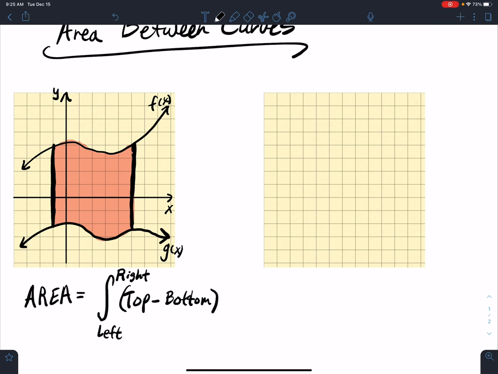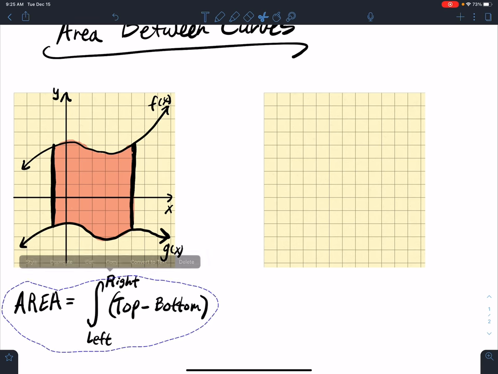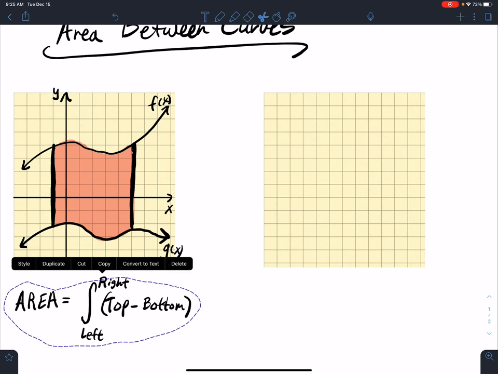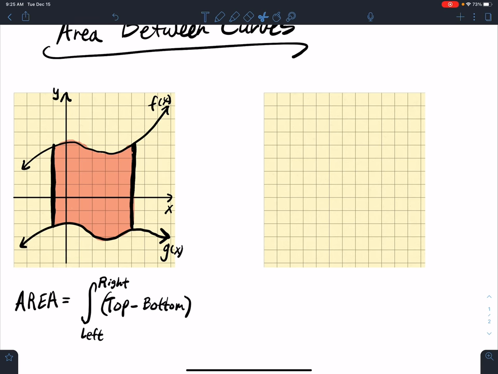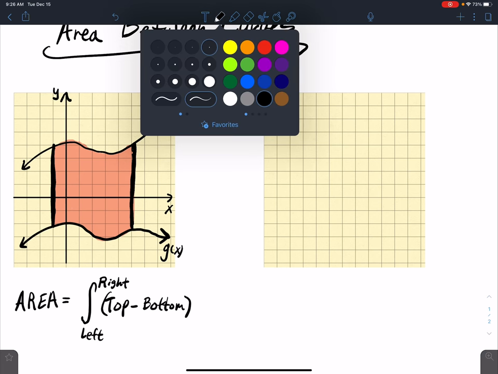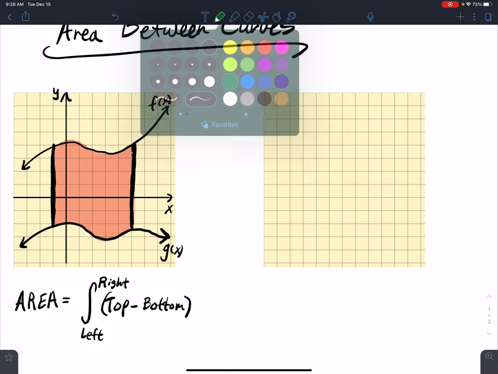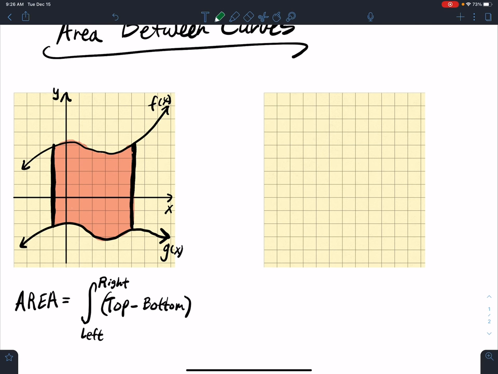Now, how do we know what we're integrating with respect to? Is it dx or dy? Well, up to this point, all the problems that we've done have been with respect to dx, so with respect to x. But to show you this, we draw an arbitrary rectangle. So I'm going to draw that arbitrary rectangle. Okay.